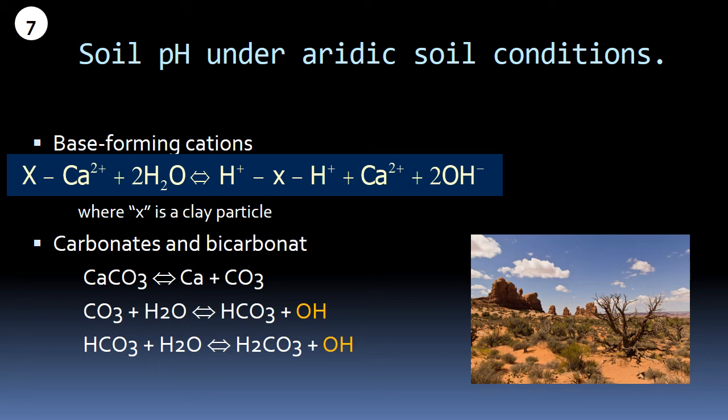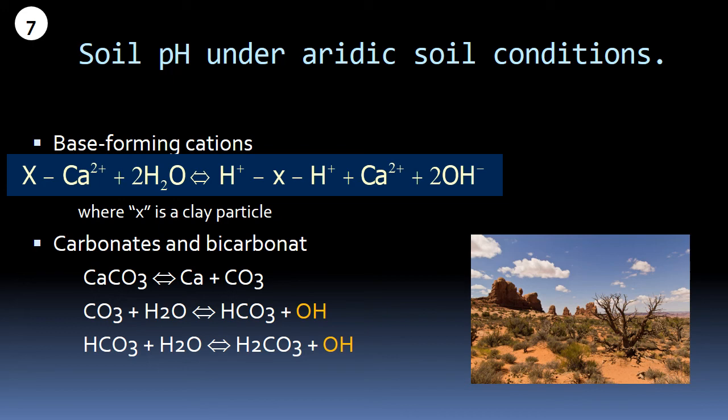So calcium is adsorbed to the soil, but as it reacts with water and the water dissociates into H and OH, the hydrogen, because it has more strength, will kick out the calcium. Remember the lyotropic series? It will kick out the calcium from the exchangeable site in the soil, and therefore the calcium will be in the soil solution, and therefore what will happen, it will increase the OH.